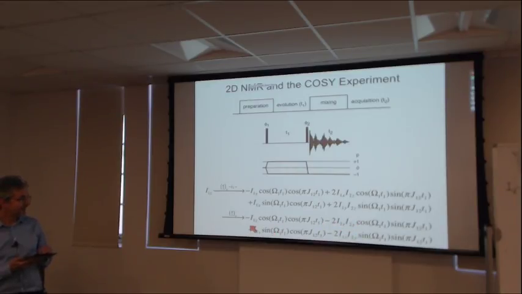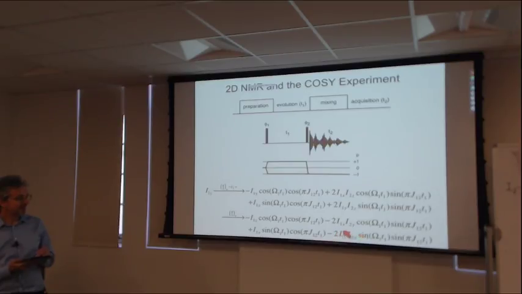Here, I have an in-phase absorptive doublet. This is the magnetization that started on the I spin after the first pulse, and ended up on the I spin. So that's going to be a diagonal peak in the 2D spectrum. That's not interesting. It's there. But this peak is now on spin 2.